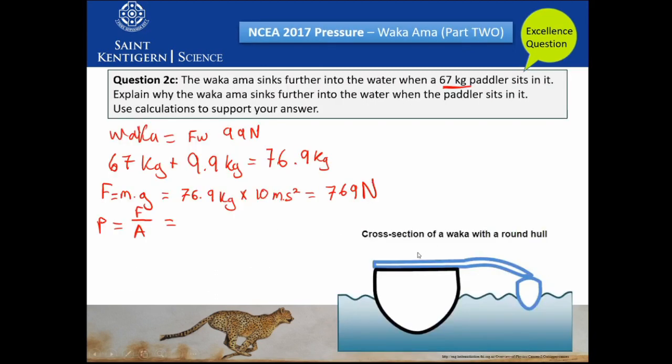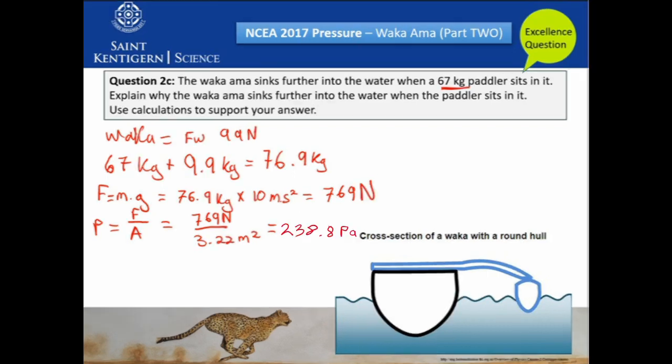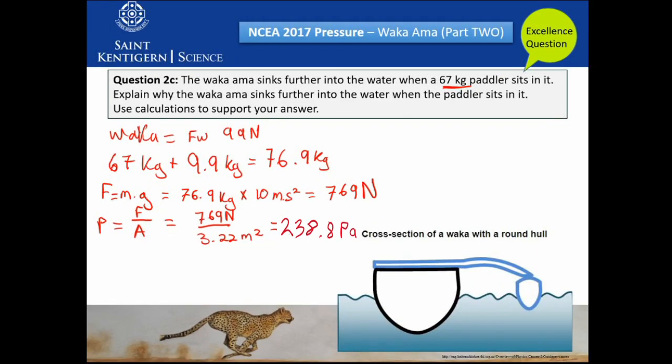Yeah, so the area was 3.22, so below the line remains 3.22, but above the line went from 99 Newton up to 769 Newton, which is a lot higher. And that gives us a pressure calculation of 238.8 Pascal.